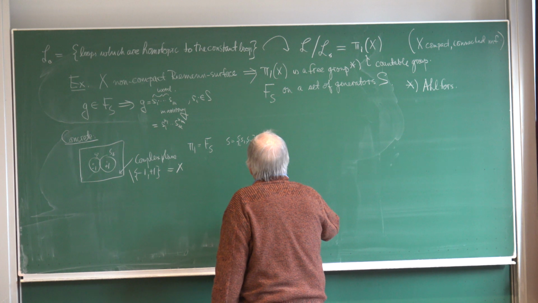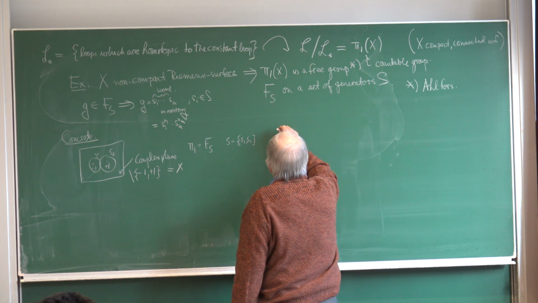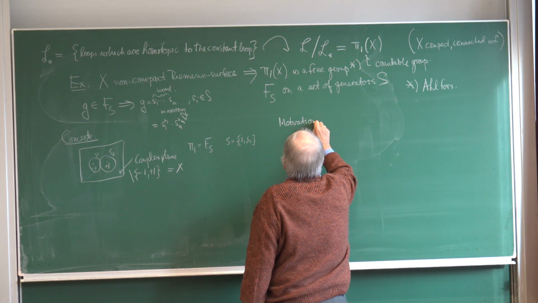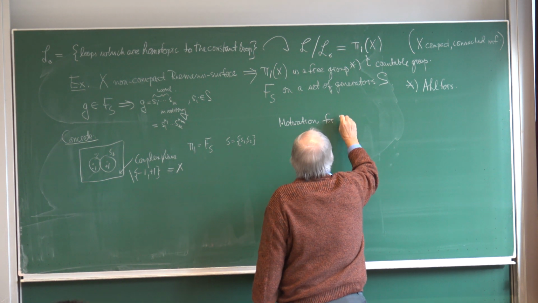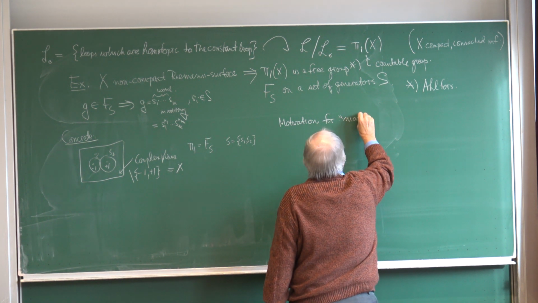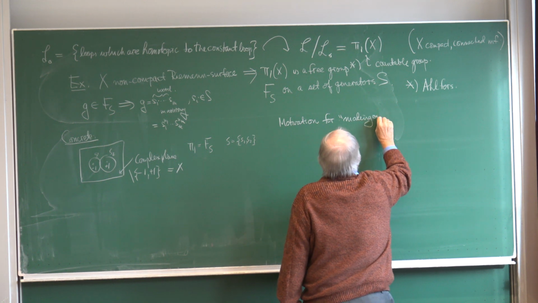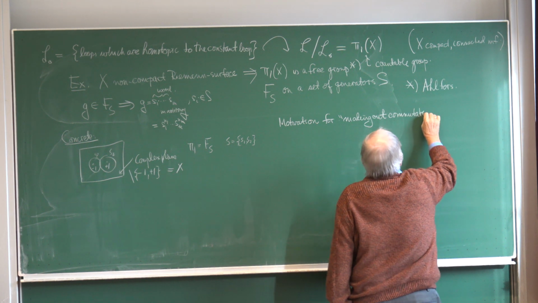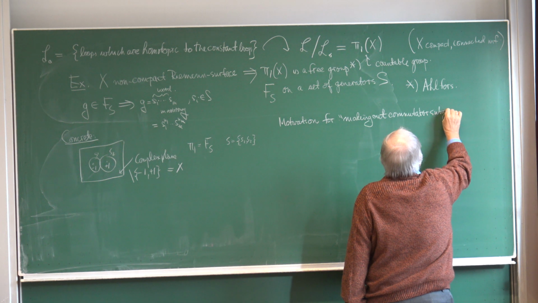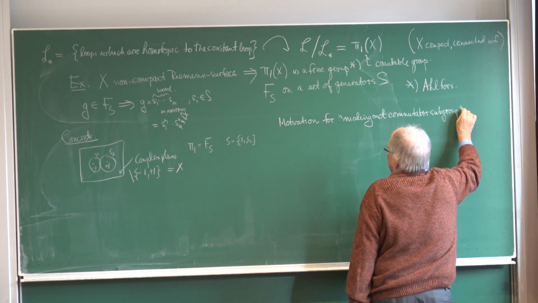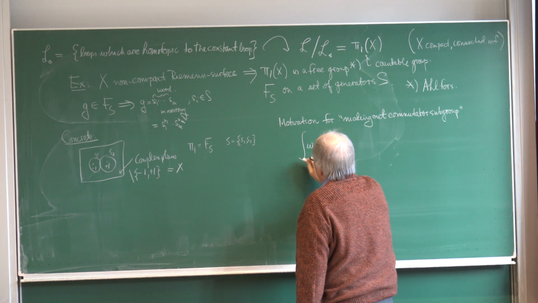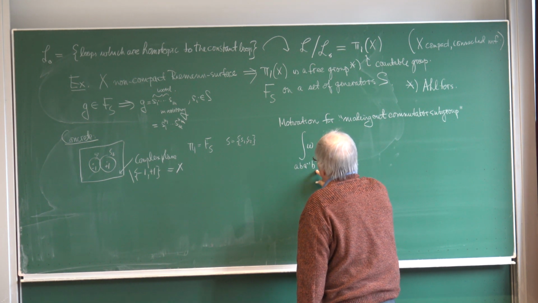And as I mentioned last time, some motivation for what I write, modding out the commutator group, some motivation for this that maybe comes even from Riemann, is that if you want to integrate a holomorphic form over this product of curves, this is a curve where you can integrate.